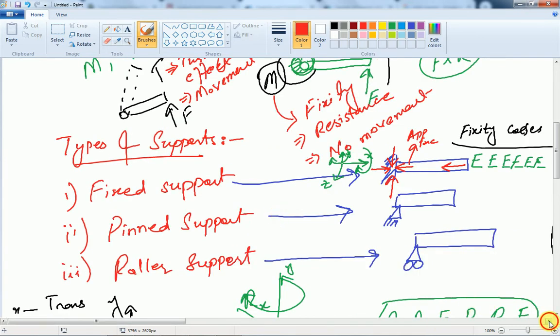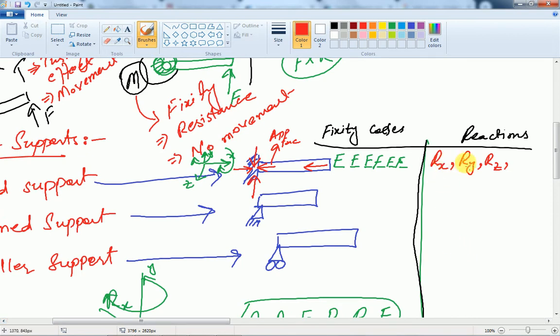We can summarize here: if we try to rotate this fixed support body about the x-axis, then the body is not going to rotate, but it will show a heavy reaction in the form of a moment about the x-axis. Suppose this is the x-axis and we are trying to rotate it clockwise, but the body will react anti-clockwise. The body is not going to move, it will balance out the applied force.